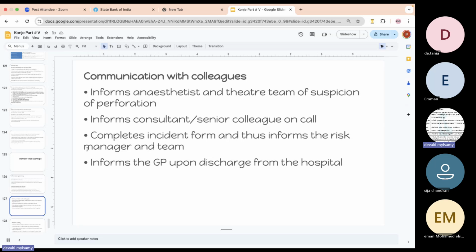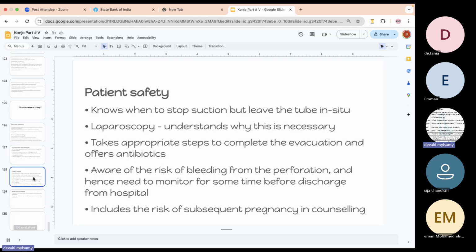Colleagues involved will be the anesthetist, theater team, consultant, senior colleague on call, risk management team, GP, and the relevant specialty if there is any bladder or bowel injury. Safety: stop suction but leave the tube in situ, take a laparoscopy decision as early as possible, take appropriate steps to complete evacuation, and offer antibiotics.